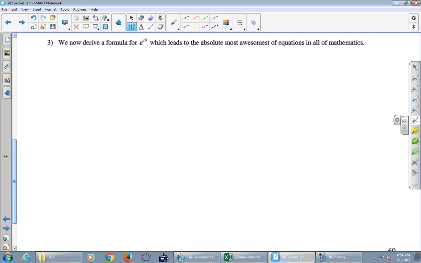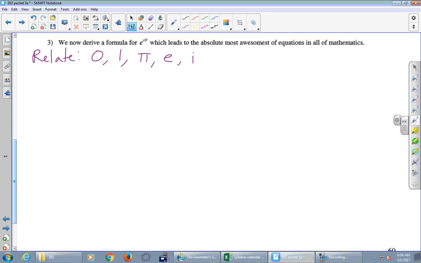Put your pencils down. You don't need to write any of this down. This equation is going to relate 5 of the most fundamental numbers in all of mathematics: 0, 1, pi, e, and i.